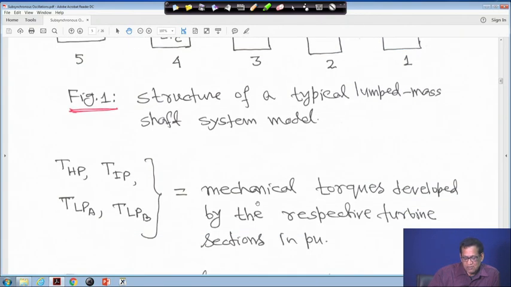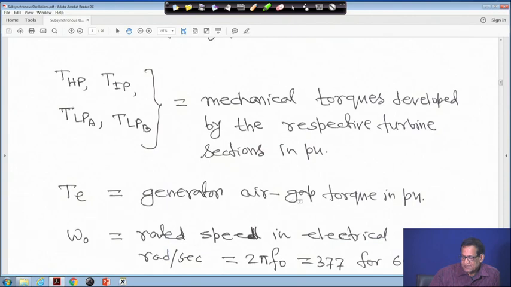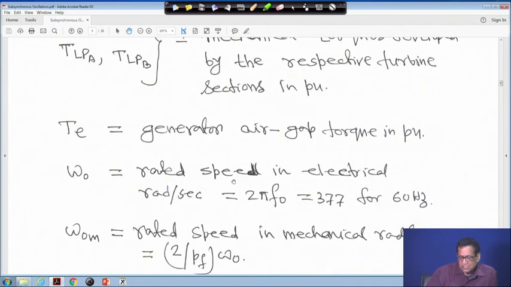Now the nomenclature: THP, TIP, TLPA, TLPB are the mechanical torques developed by the respective turbine sections in per unit. Te is the generator air gap torque in per unit. While studying the synchronous machine, all these things were defined. omega 0 is the rated speed in electrical radian per second, equal to 2 pi f0, and it will be 377 radian per second if f0 is equal to 60 hertz.